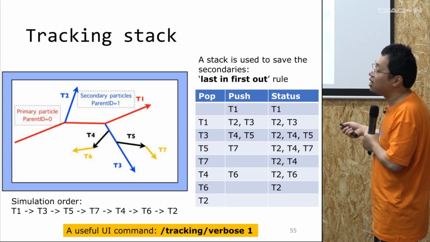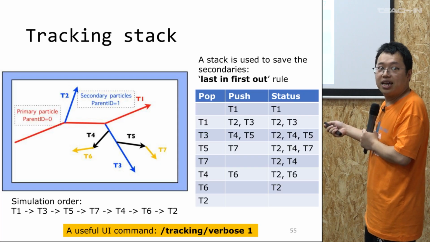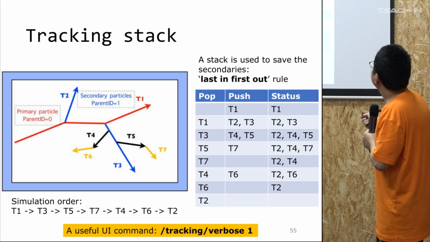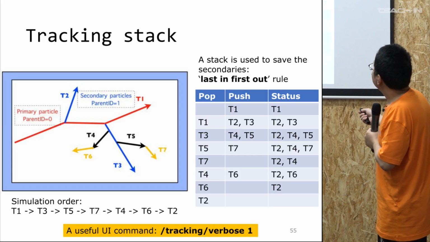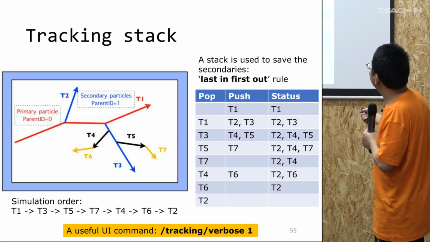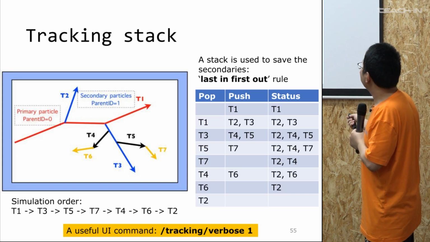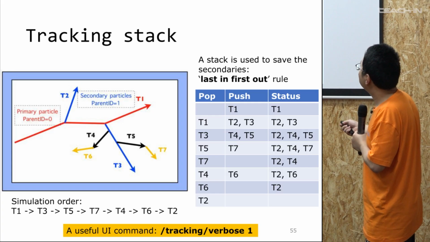And then you can see T4 is created first, and then T5. So after the simulation of T3, in the stack we have three particles: the T2, T4, and the T5. If we do the next simulation, we will get the T5 from the top.